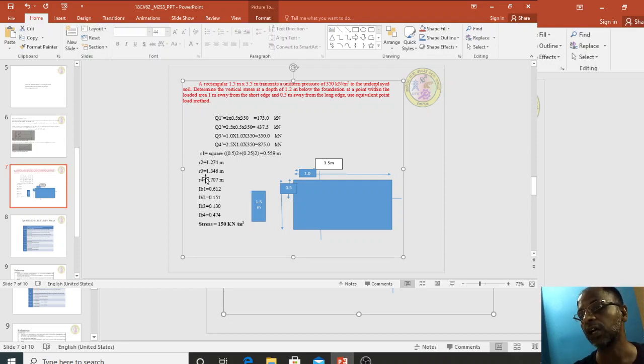If you do it, you get I1, I2, I3, I4 values. Substituting, sigma Z is equal to Q1 IB1 plus Q2 IB2 plus Q3 IB3 plus Q4 IB4. You will get the total sigma Z as 150 kilonewton per meter square.